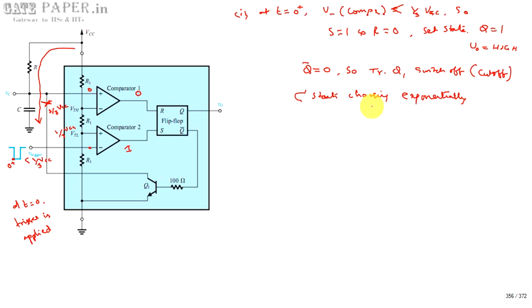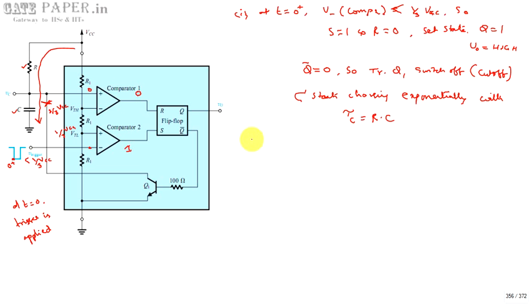Capacitor charges exponentially with charging time constant, that is the product of R and C in the current path. So the charging path R into C, this is the value of R and this is the value of C. R into C is the time constant. Charging time constant is RC. So capacitor now starts charging.